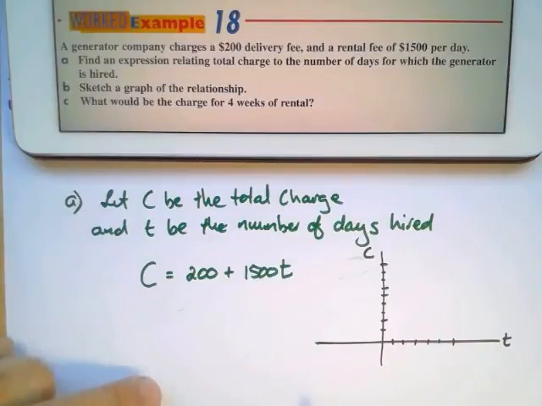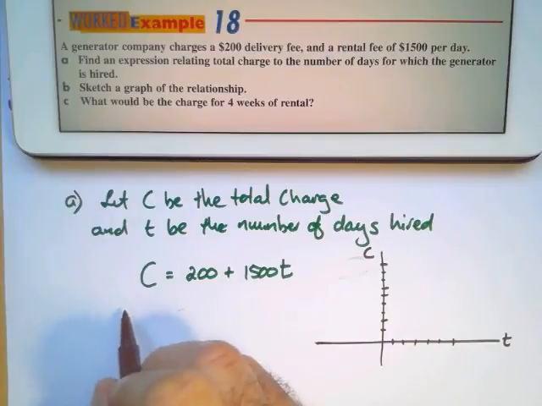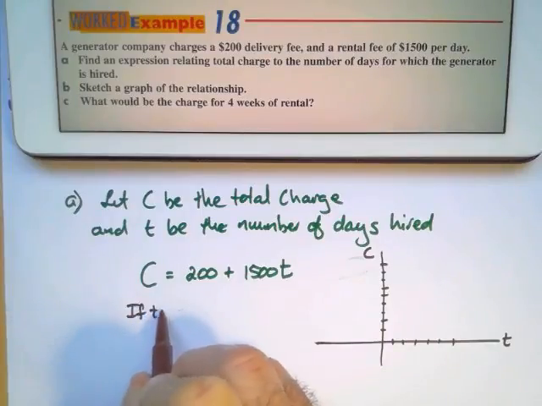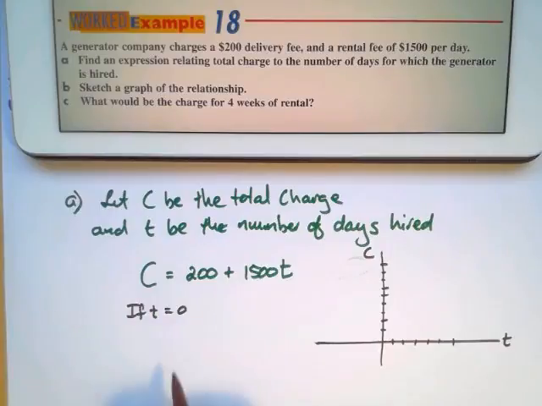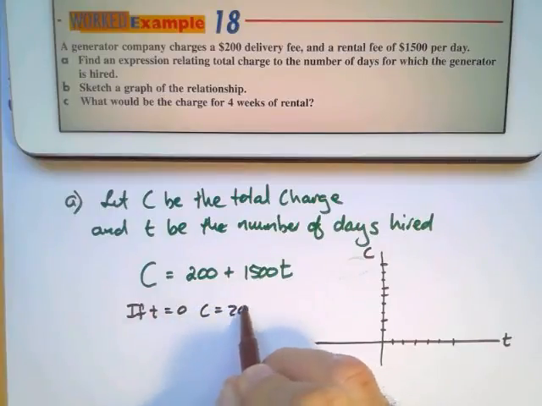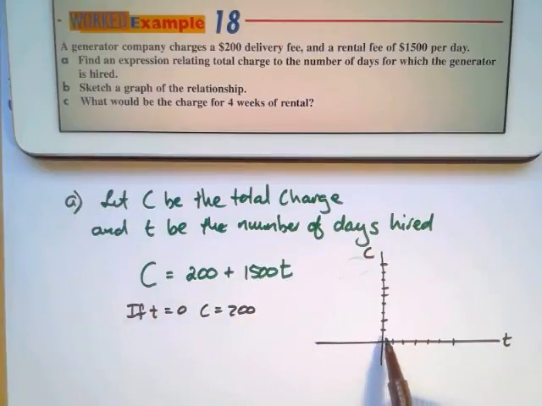I know that my y-intercept, if t equals 0, c equals 200. So when t is 0, c is 200.